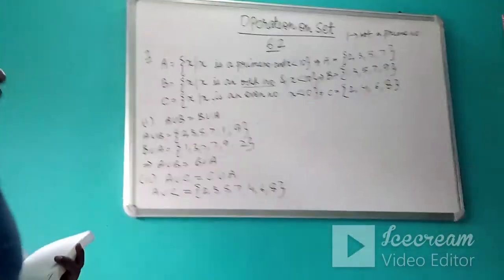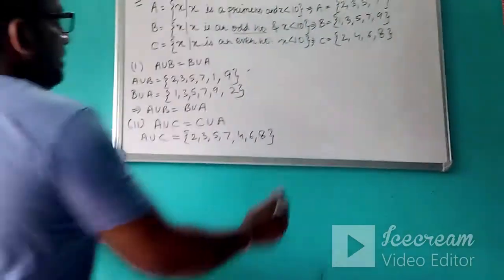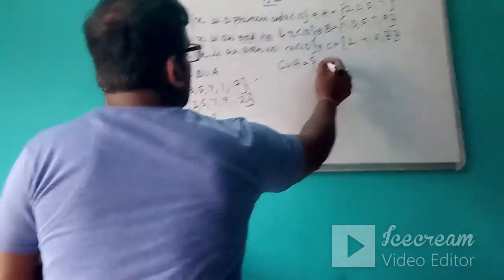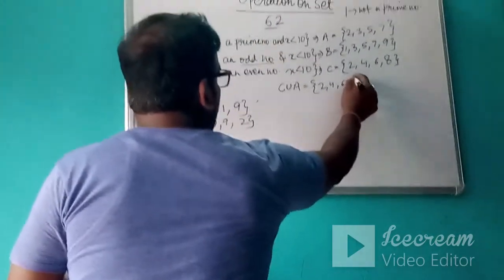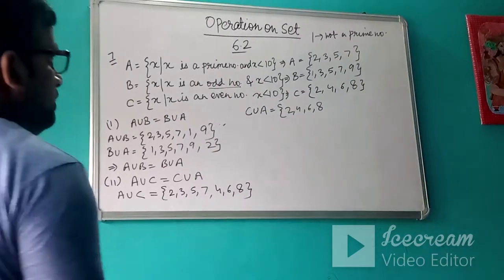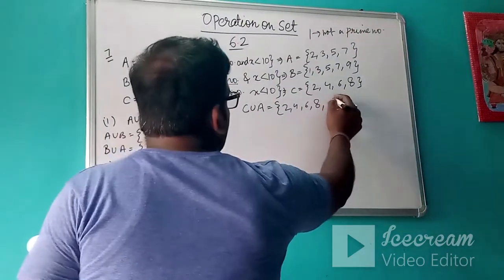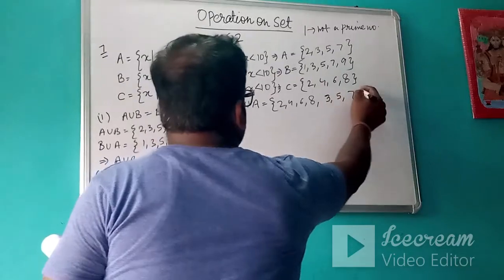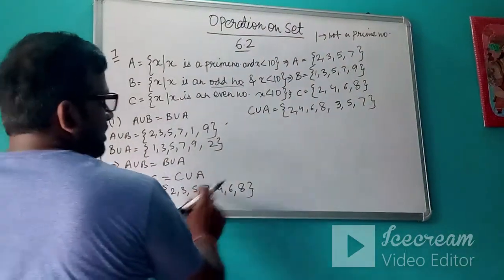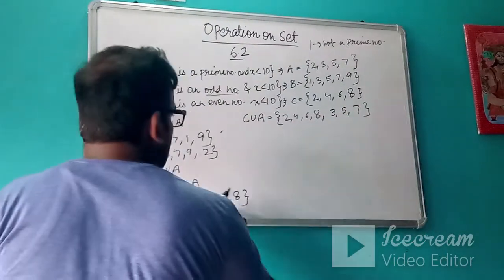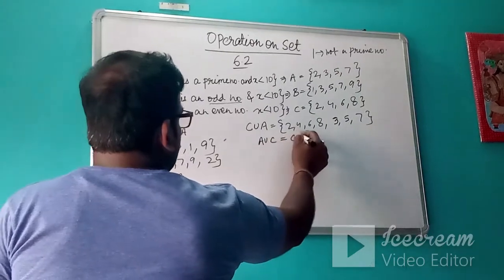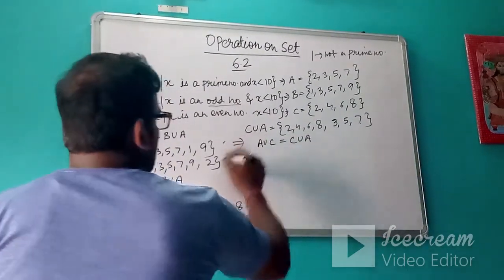This is your A union C. Then we will calculate C union A. Elements of C, that is 2, 4, 6, 8, and the elements of A which are not present in C, that is 3, 5, 7. Now again you can see 2, 3, 5, 7 and 4, 6, 8 are in both. So we can write A union C is equal to C union A, like this.